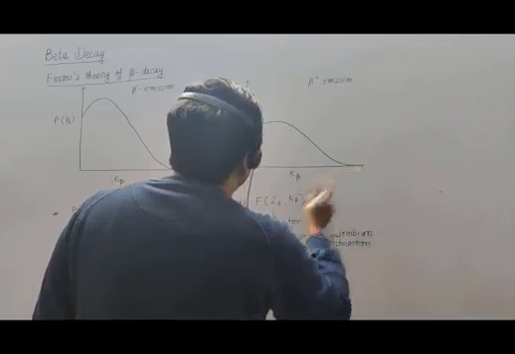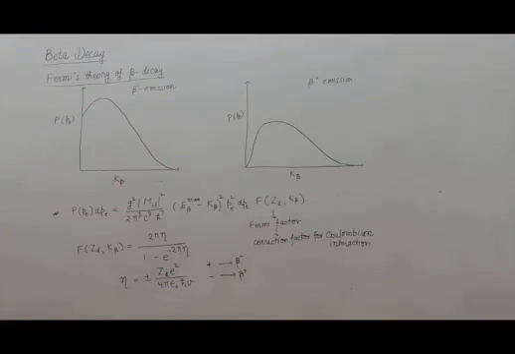And both these shapes were matching more or less with experimental results. So on the basis of these plots, they found the exact continuous shape of the beta plus and beta minus emission energy spectrum.